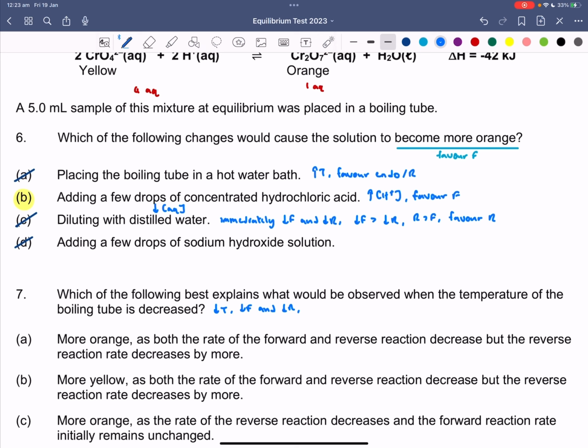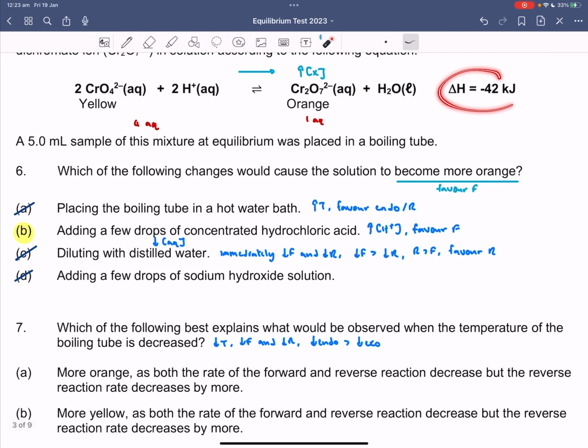Now remember what I said, that in temperature changes the endothermic is more affected. So effectively the decrease in the endothermic reaction is more profound than the decrease in the exothermic reaction. Now delta H is negative, meaning the forward reaction is exo and the reverse reaction is endo. So the decrease in reverse is more profound than the decrease in forward.